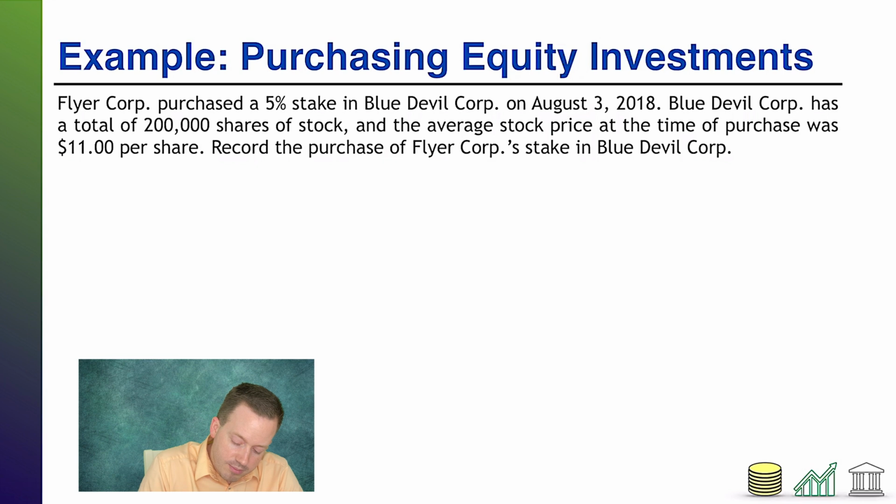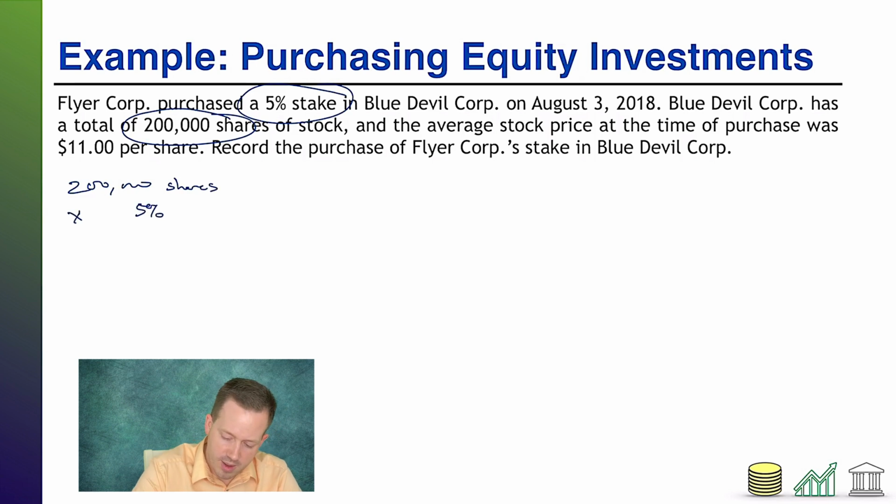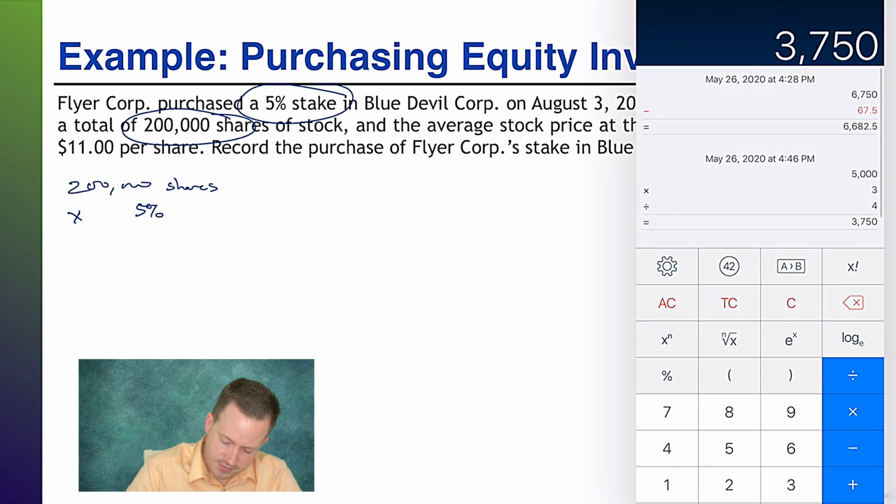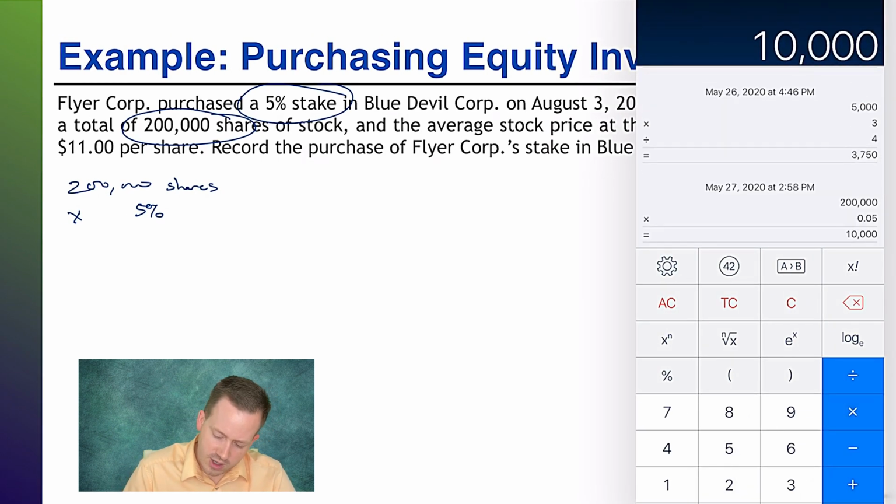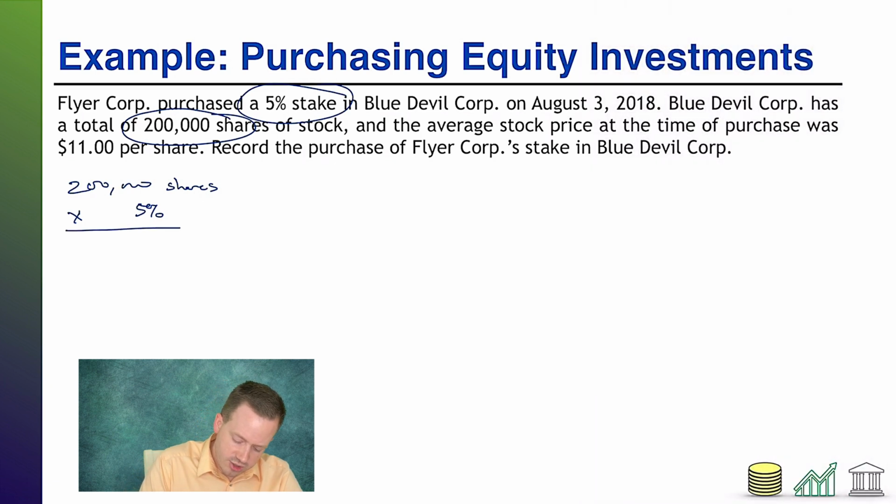We know that Blue Devil Corp has 200,000 shares of stock. We know that Flyer Corp bought a 5% stake. So the first step we're going to do is we're going to say, okay, 200,000 shares times 5%. Pull out my handy dandy calculator. 200,000 times 0.05. That's going to be 10,000 shares.